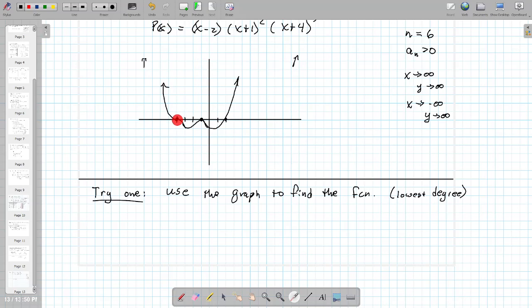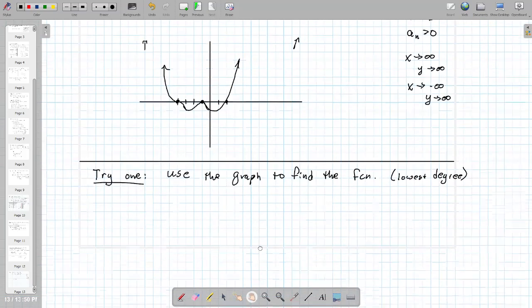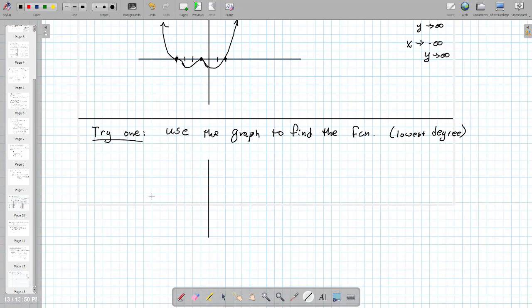It depends on how flat it is. Because it's hard to draw these as flat as they need to be, we can assume that this is multiplicity 3 when we're looking for the lowest degree polynomial that has this type of graph. That's what I mean by the lowest degree. So here's the graph. And this is a squiggle through 0. So keep that in mind.